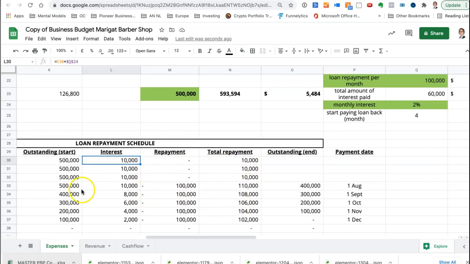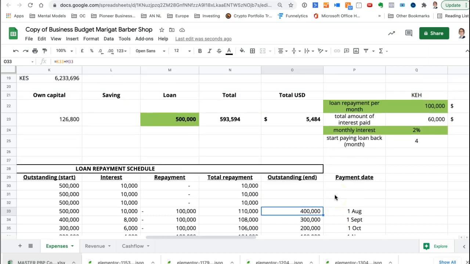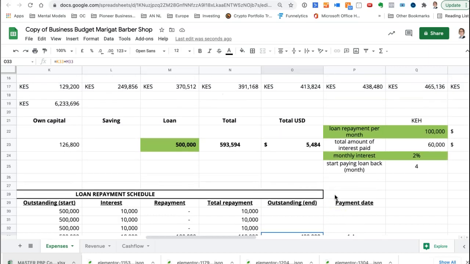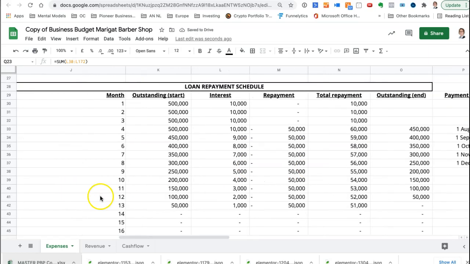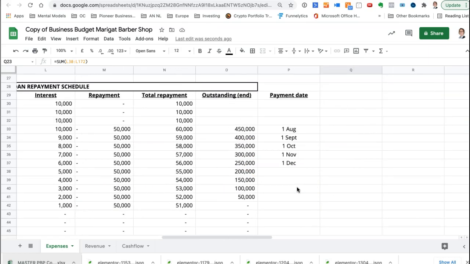In month 4, they're going to pay 10,000 interest plus the principal, 110,000, and the outstanding balance at that time is 400,000. And so you calculate the interest. Now let's say we want to repay 50,000 every month. This changes. Now you have 30 months to pay everything back.